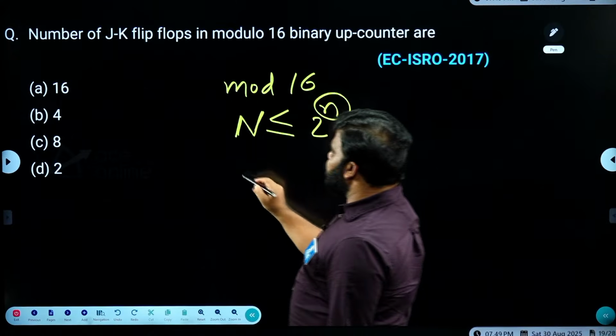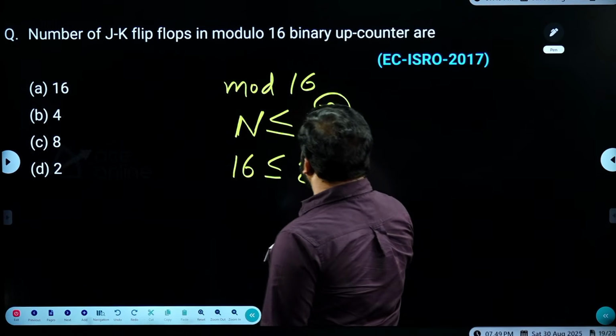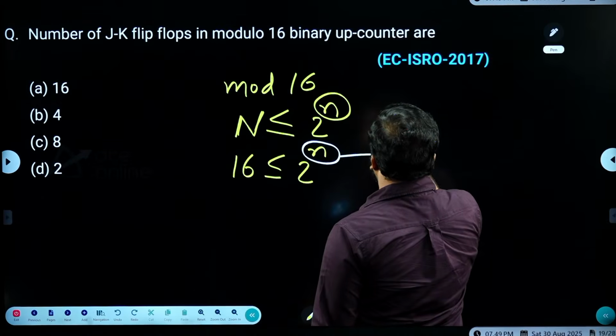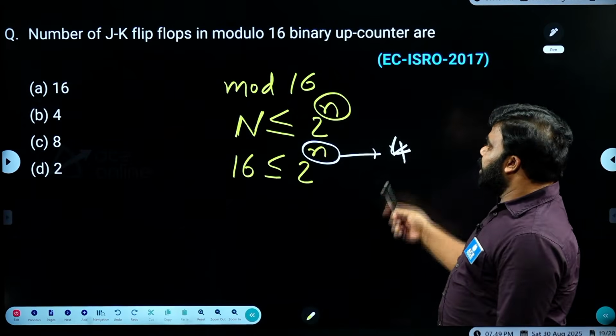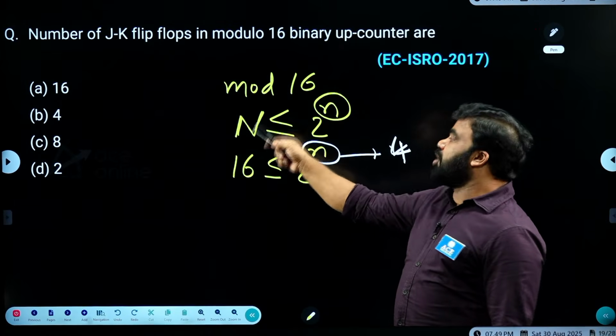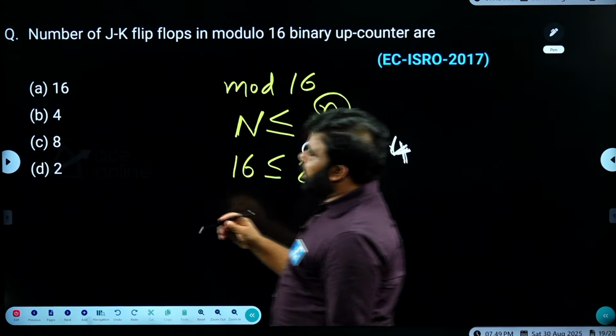For modulo 16 to be less than or equal to 2 power n, the minimum n is 4. When using 4 flip-flops, it is possible to design a maximum of mod 16. So the answer is 4 flip-flops, answer B.